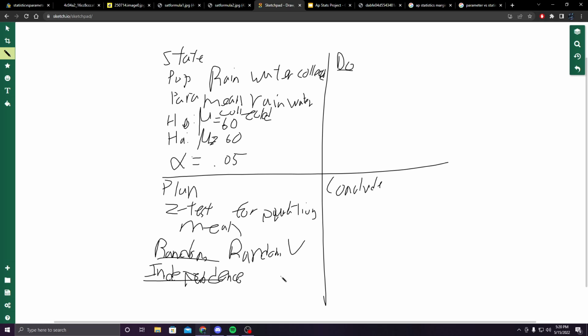So independence is about the size of the population, and let's say we sampled 30 forests, right? We sampled 30 forests, and we have to multiply that by 10 because of this rule that I forgot the name of. But if there are more than what this number equals, then the independence is met. And are there more than 300 rainforests?